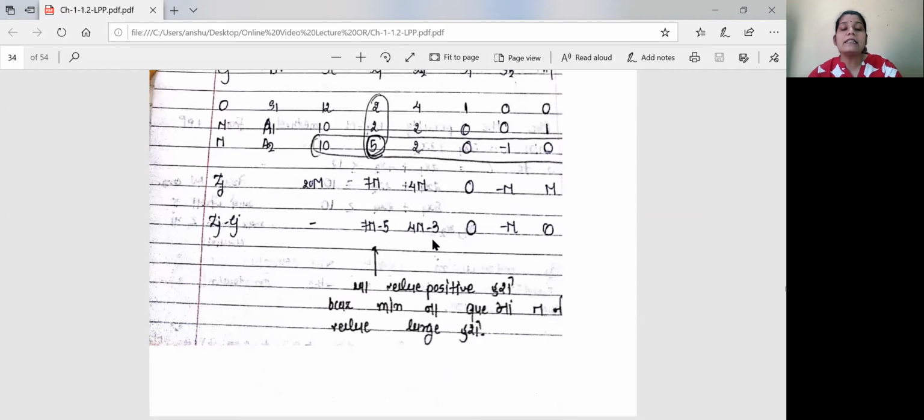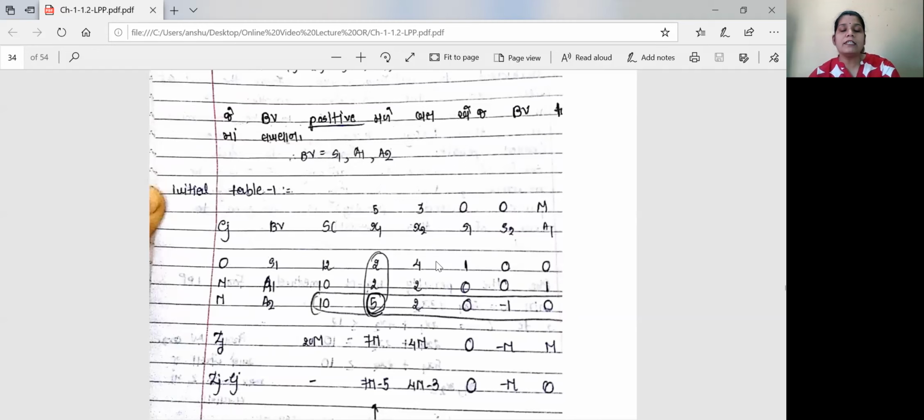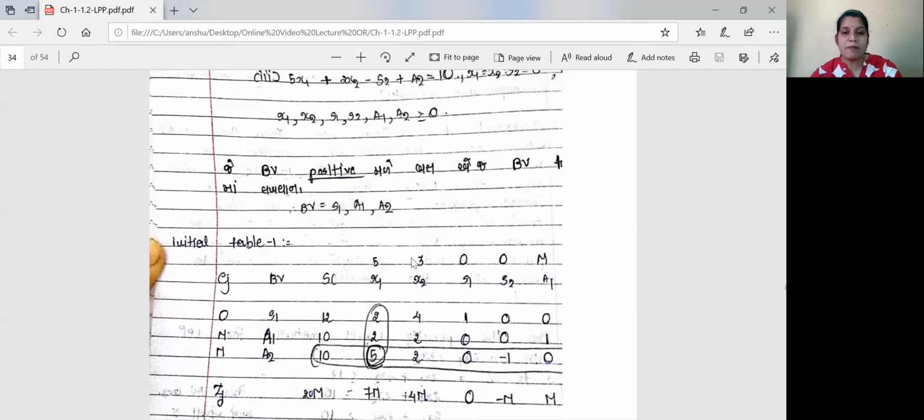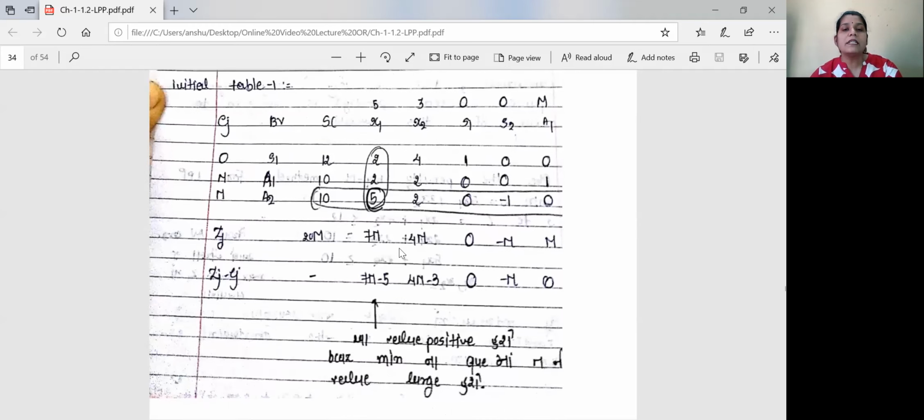In this question, we have already seen our simplex method. In our simplex method, our question is always given in maximization form. If we are given the maximization form, our final table depends on the value of Zj minus Cj.